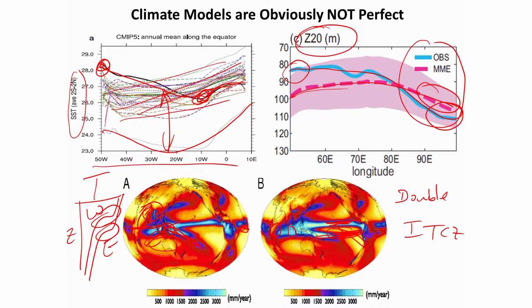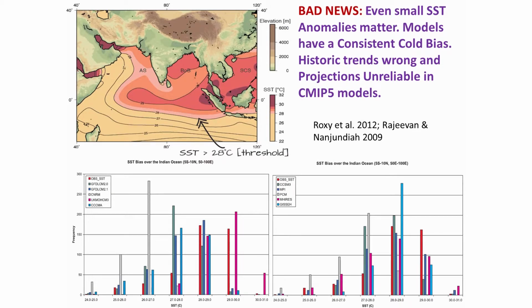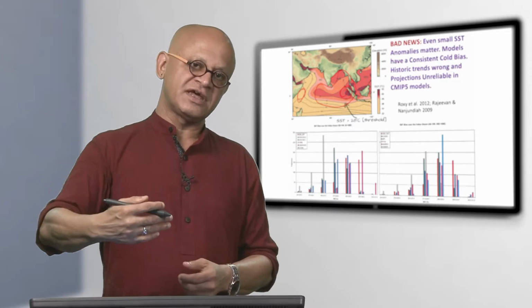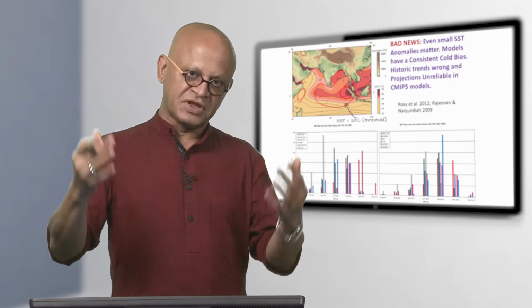That seems like bad news, but there are some additional details. For example, this is looking more specifically at the Indian Ocean, where we said there are warm temperatures and a deeper thermocline here, and a shallower thermocline and colder temperatures here. This is important because that determines the ITCZ and atmospheric convection.